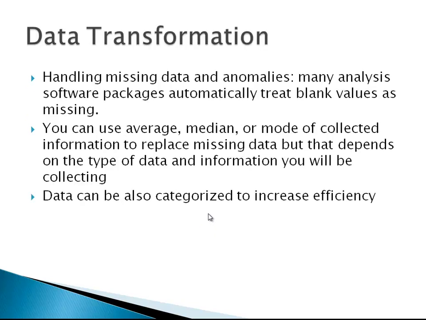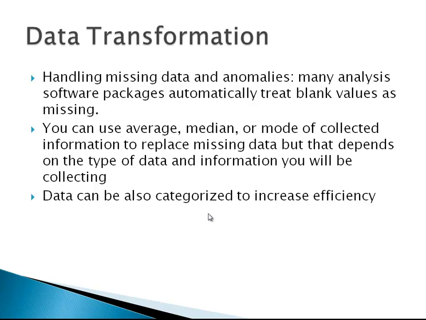For data transformation, we need to deal with the missing data and anomalies and see why we have that missing data. Can we fill it? How can we fill it? Some software packages will treat it as blank values or missing values, so they will put a null value in that place. Some other packages will use a 0.